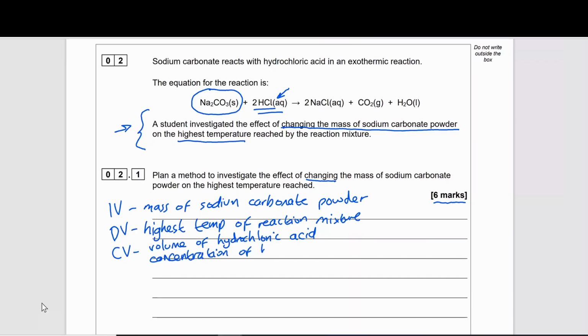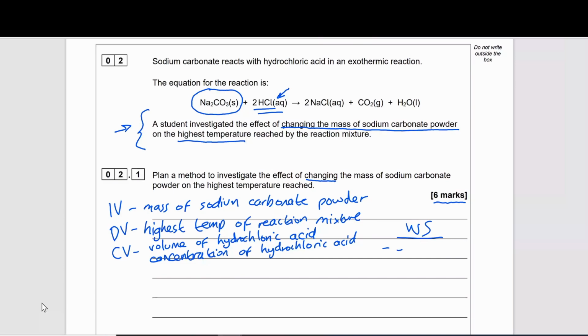And the concentration of hydrochloric acid we need to keep the same. Okay, perfect. So before we finally write our answer, let's also think, it's an investigation. So what are some of the things that we need to consider when we're working scientifically in some sort of investigation?